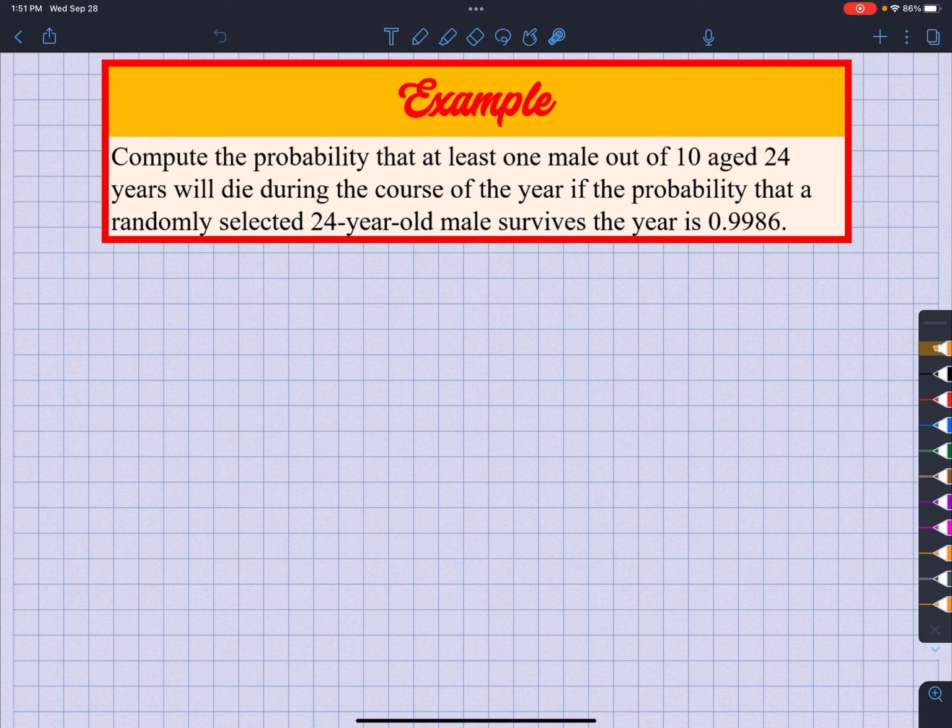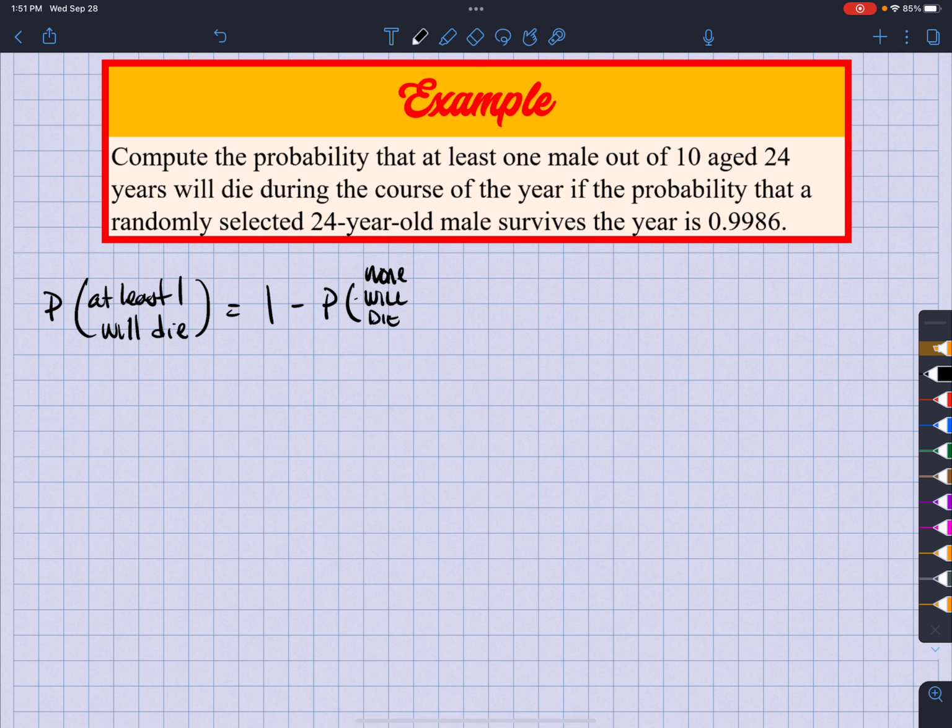To find the probability that at least one would die, that's the same as saying 1 minus the probability that none would die.